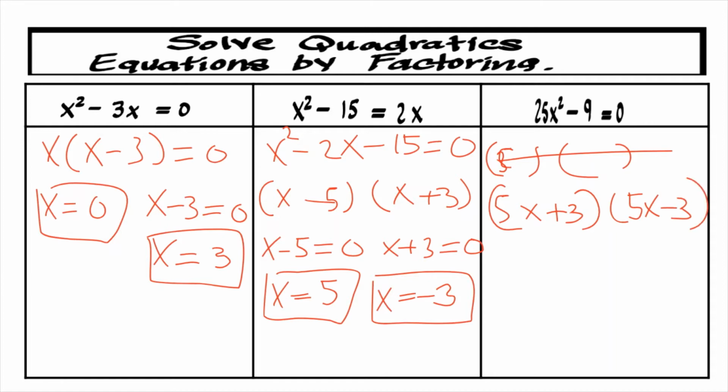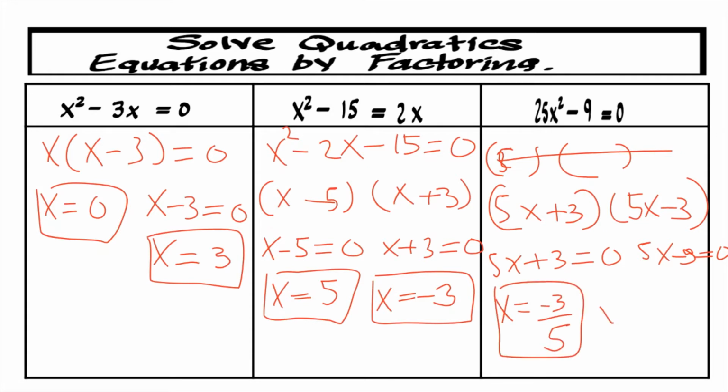Now set each one equal to 0. Solve for x, so x is going to be negative 3 over 5. And x is going to be positive 3 over 5.